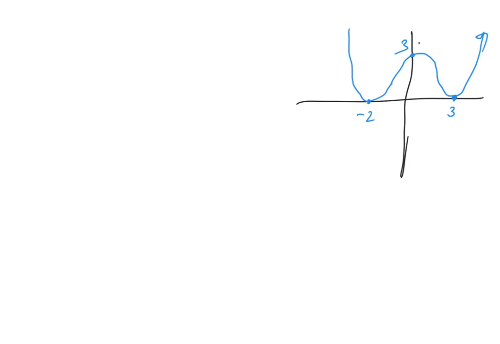Write an equation for the graph. So this graph has both ends going up, so I know that the highest power when I'm done will be an even number, and it's going up, so it'll be a positive even number.